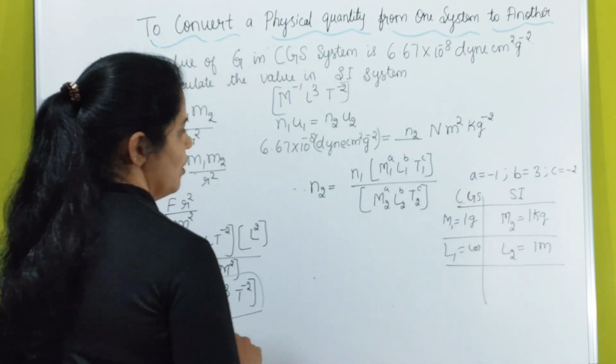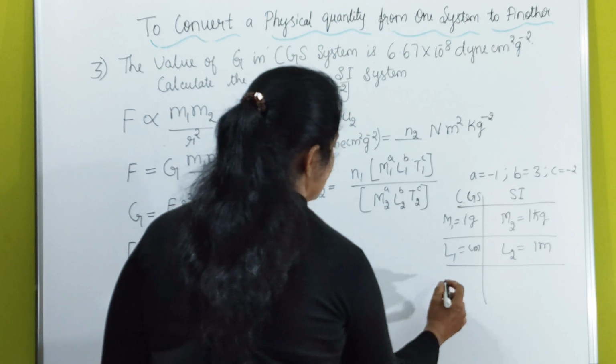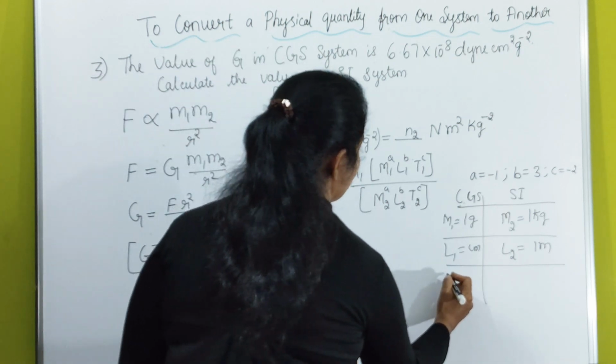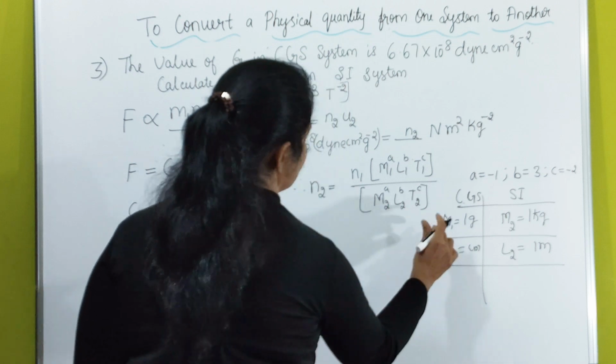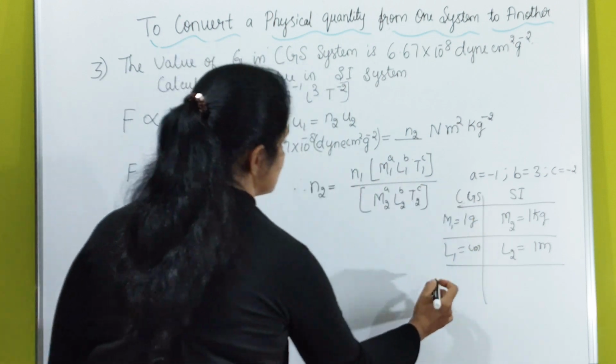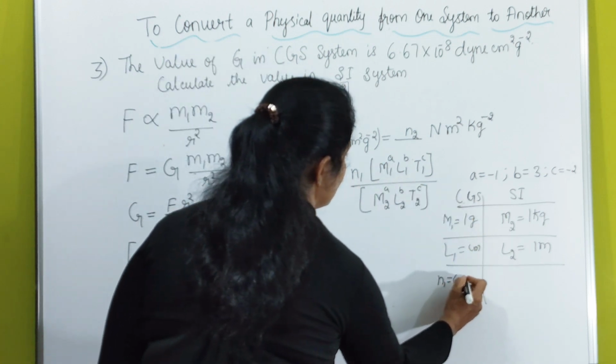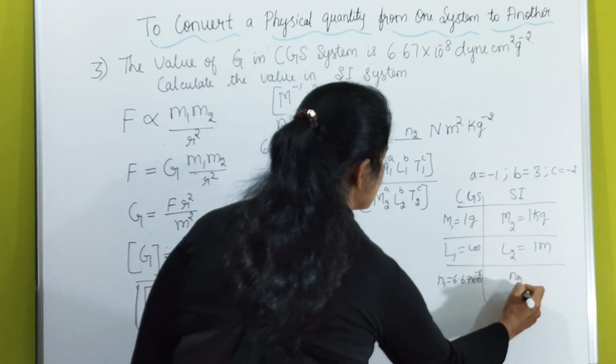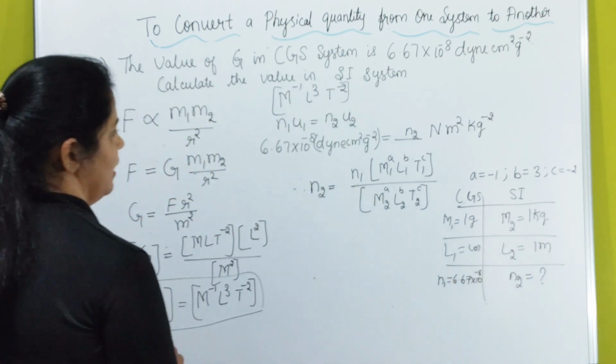Time is the same. And what is the value of N1 given? N1 is in CGS, given as 6.67 10 to the power minus 8, and N2 is unknown. We need to calculate it.